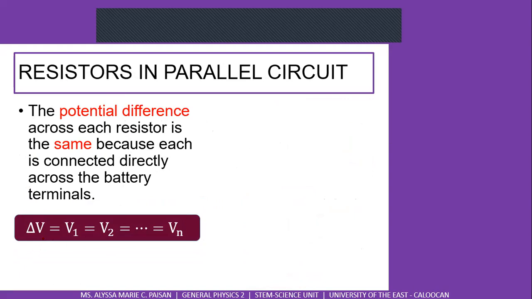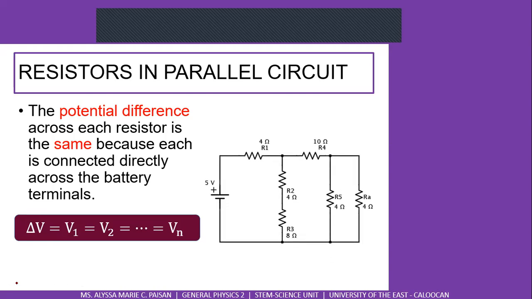So, kung may 4 kang resistor, the delta V will be equal to V1, equal to V2, equal to V3, and equal to V4. At syempre, mapi-feature naman ang panibagong circuit natin. So, yung gagamitin natin dito is yung R5 and RA. O, ayan. So, papakita ko rin sa inyo, hindi lang numbers ang ginagamit para mag-represent ng resistors or ng resistances.